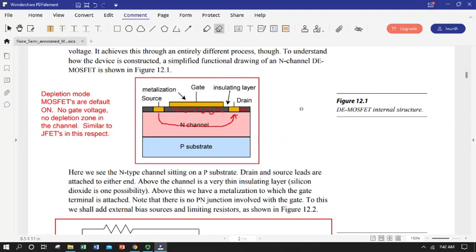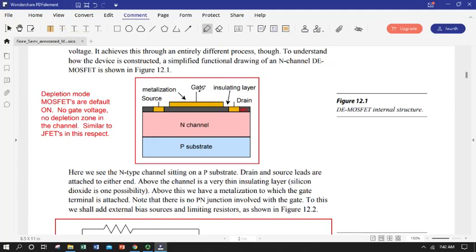And just like in any capacitor, we're going to apply a voltage across two conductive layers with a dielectric or an insulator between them, and we're going to get charge on both of those layers. And the charge on the bottom layer going down into the N channel is going to form another depletion zone that will control our current from source to drain, just like the JFET did.